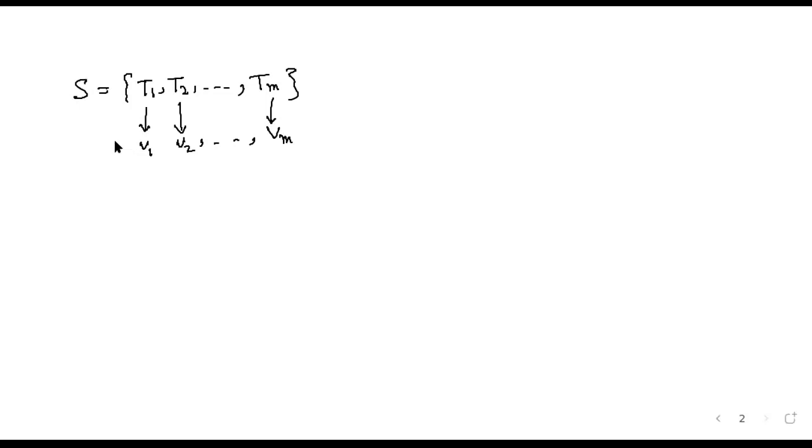So say this is a separate set of vertices. Okay, so these are V dash, right? Yes, that is what I'm trying to say next.